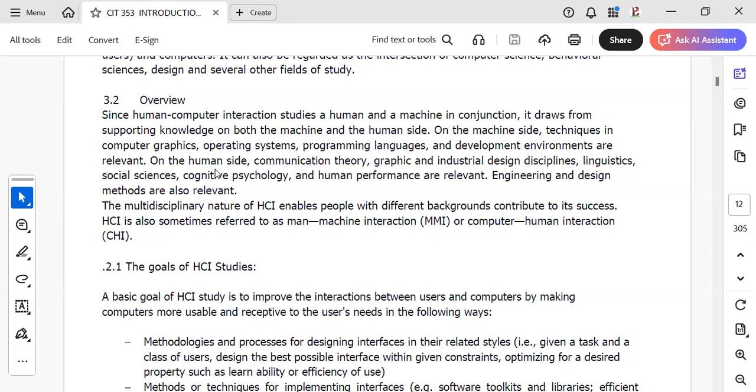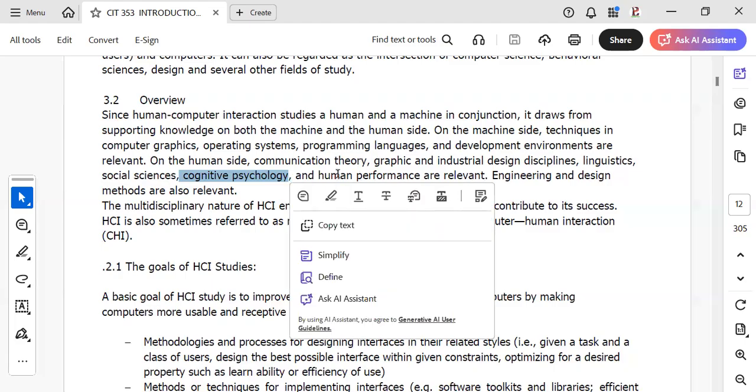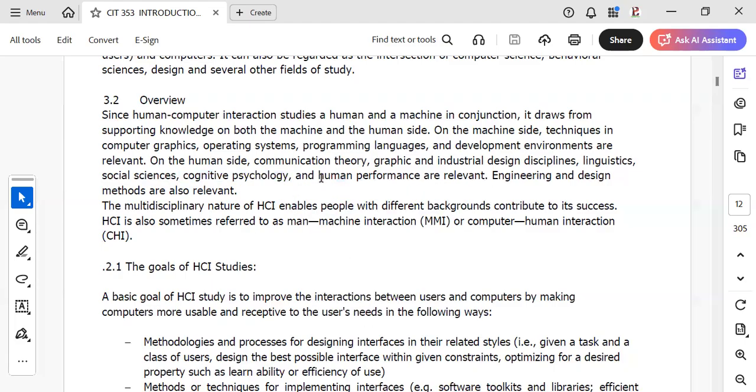That is the overview. Now, we say that the multidisciplinary nature of this human-computer interaction enables people with different backgrounds to contribute to its success. What this is saying is that on the part of the machine alone, we have several things to learn, and each of these things belongs to different disciplines in the world. On the part of the human too, we have several things to learn, and each of them belongs to different disciplines in the world. Like the cognitive part is talking about reasoning and logic. We have philosophers to contribute to that, and even health personnel.